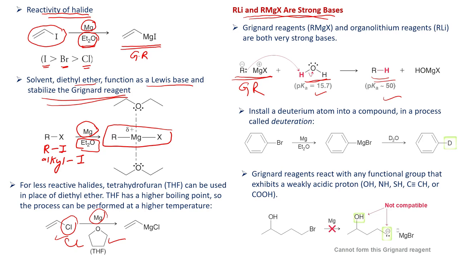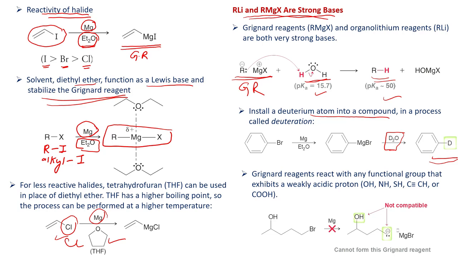This is the reason whenever you perform a reaction with Grignard reagent, you generally use dry solvent like dry THF and dry diethyl ether. Even a trace amount of water reacts very fast. Next, if you want to deuterate your compound, in place of water you can use deuterated water, so you will get your deuterated product.